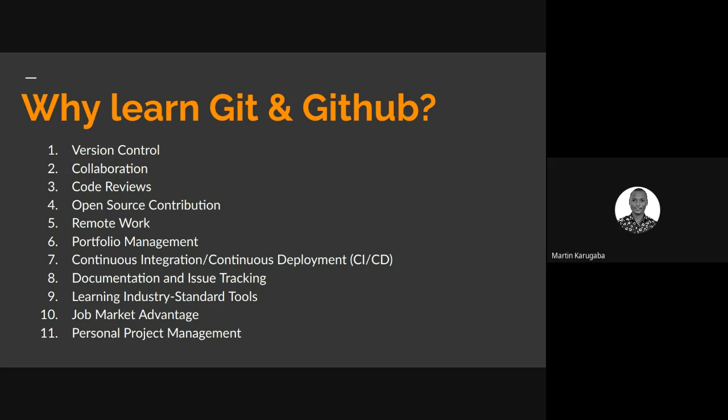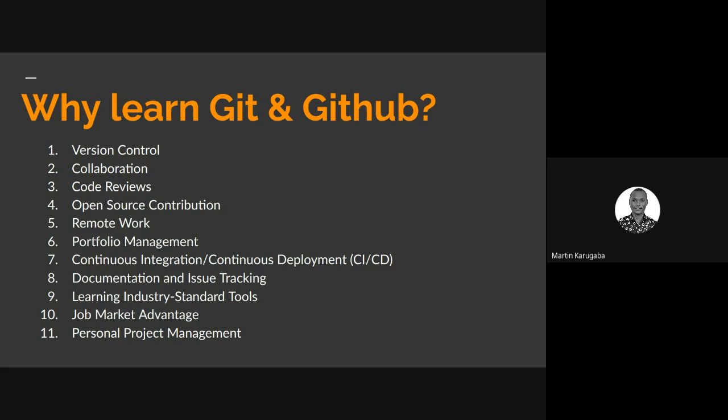Number three is code reviews. You might have written your project and you want me to review your code. This tool has features laid out for you to do code reviews in a seamless way. Number four, open source contribution. It helps you contribute to open source. We'll talk about that in detail later.